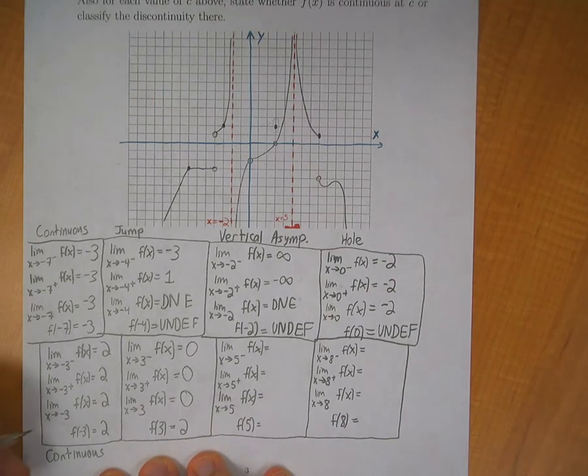So in this case, do we have continuity, or what would the discontinuity be here? Continuous, hole, jump, or asymptote.